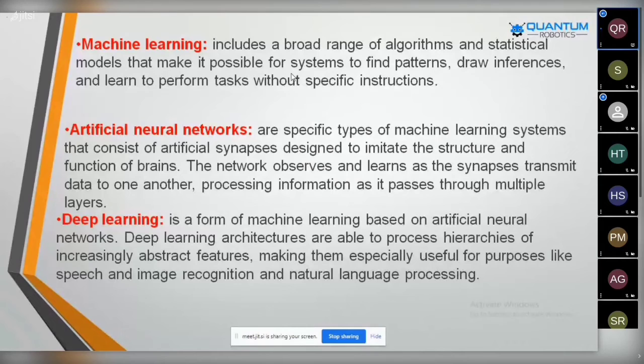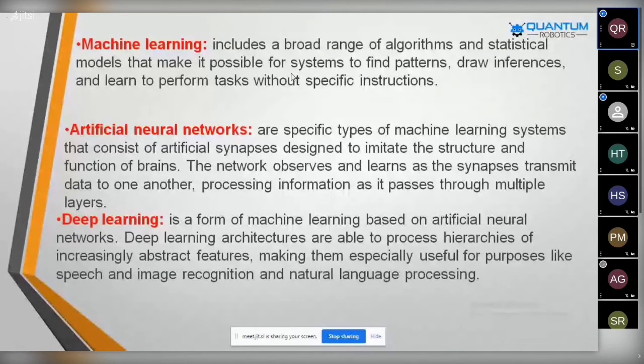How is that possible? By using algorithms and statistical models, meaning the classifications we try for machine learning. In machine learning there is a training and a testing process when we do the coding, and after coding, while executing, there will be the training and the testing process.